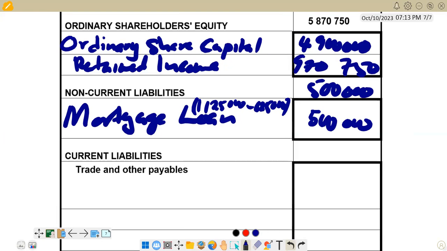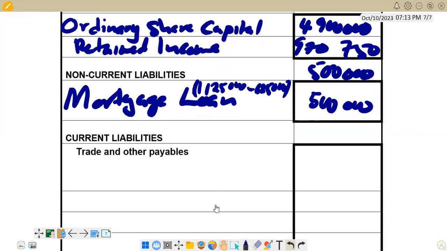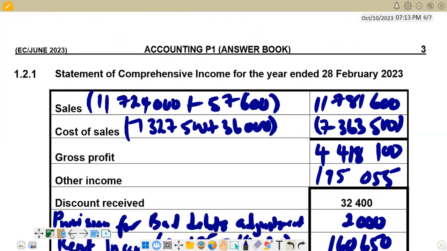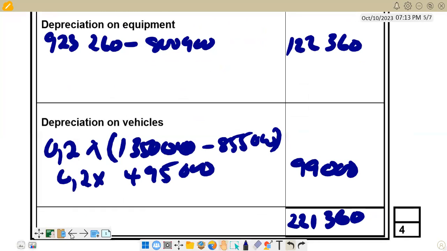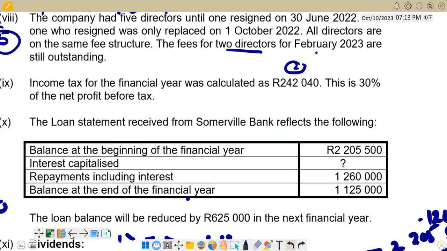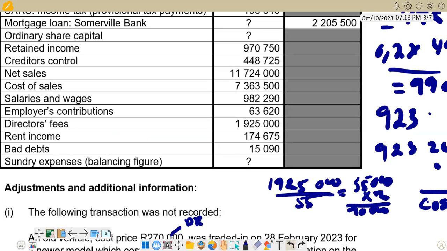Right. On current liabilities, obviously, we can start with trade and other payables. For trade and other payables, we are going to say the figure for trade creditors control or trade payables that we are given in the list of balances. Then we try to find other payables that are there in the question. We go to the list of balances and try to find the figure for creditors control. Creditors control, we have 448,725.